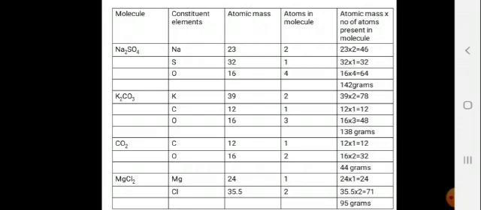Both the units are correct. 142 Dalton, 142 U or 142 grams. Now let us go ahead.